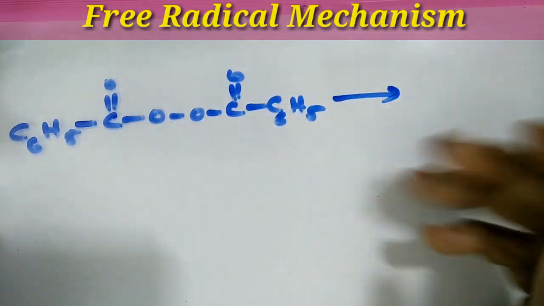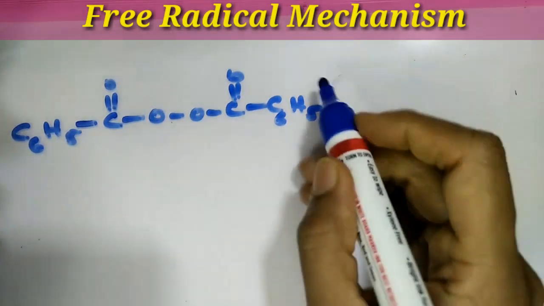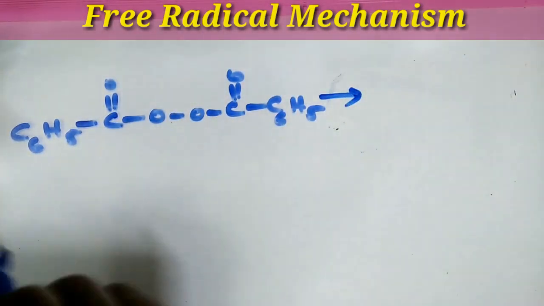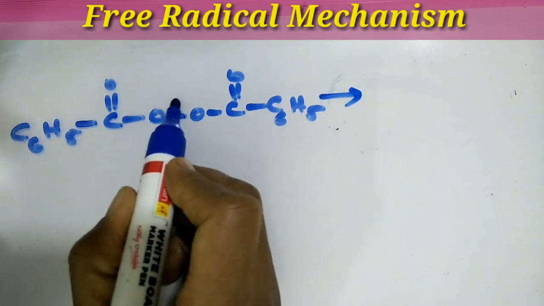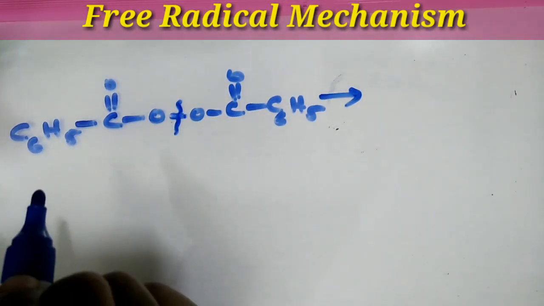On heating or exposure to light, this oxygen-oxygen homolytic cleavage takes place so that each species gets one electron.